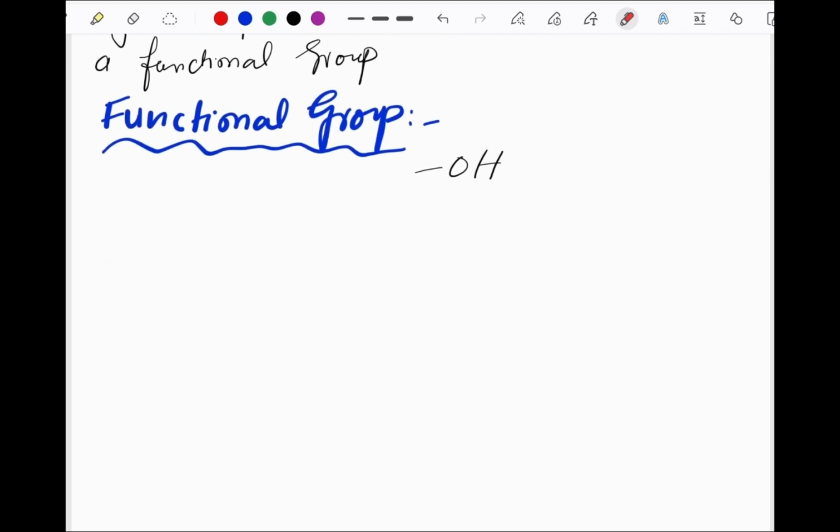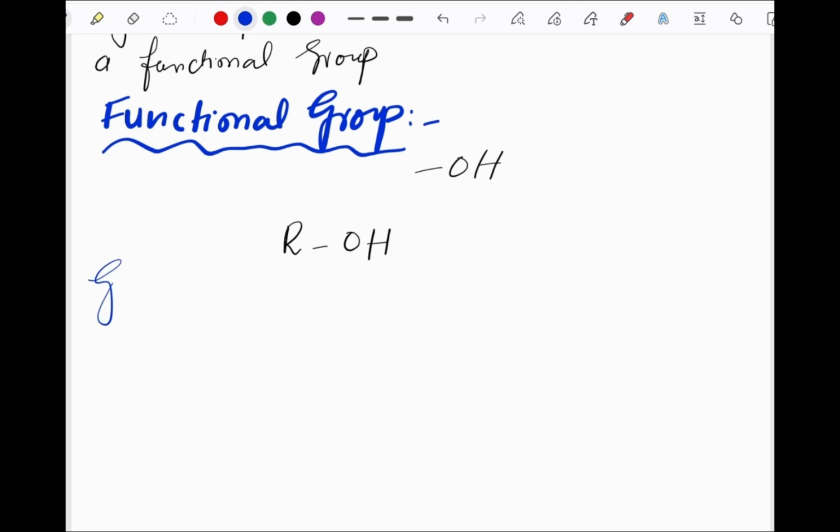Okay. So a general alcohol will have ROH. This is the general formula. Okay. So how can we make any alcohol formula?